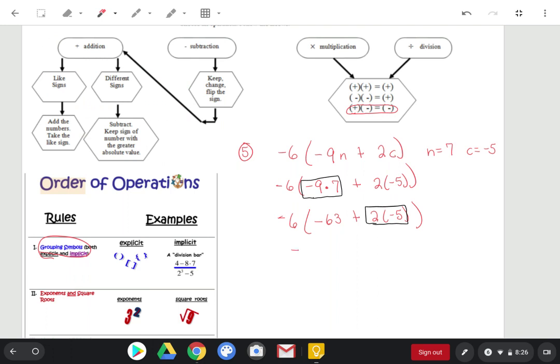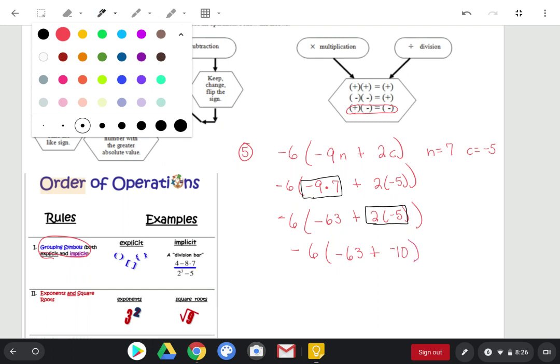I'm going to go ahead and copy everything down. Negative 6 times negative 63 plus, 2 times negative 5 is a negative 10. Okay, still doing parentheses.